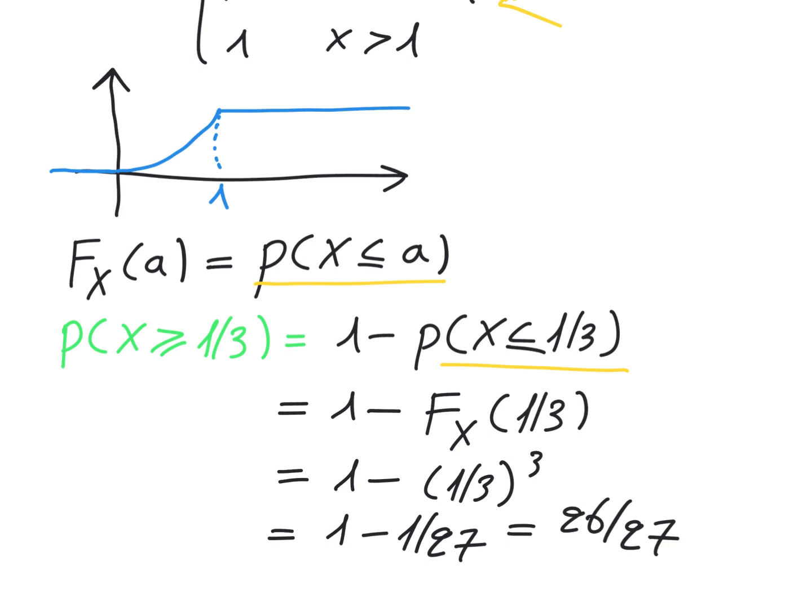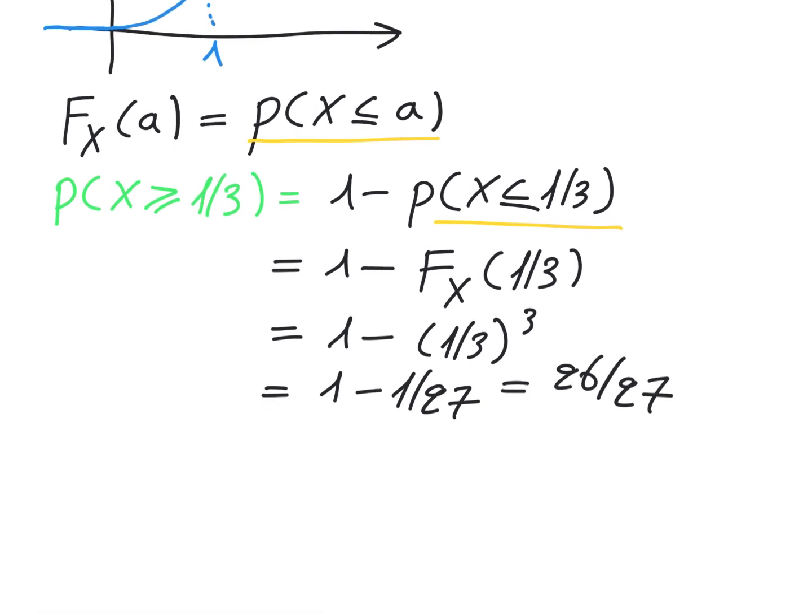Let's compute one more probability, and in this case, we'll look at the probability that x lies between 1 over 3 and 1 over 2. We want to use the distribution function, so we want to rewrite this probability in terms of probabilities that x is less than a certain value.